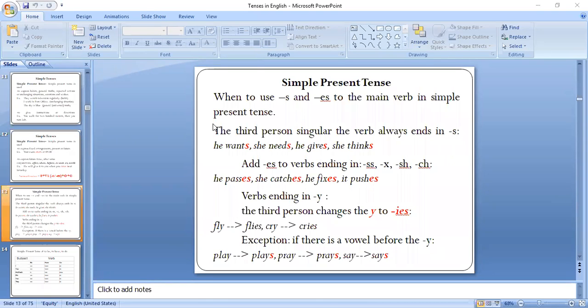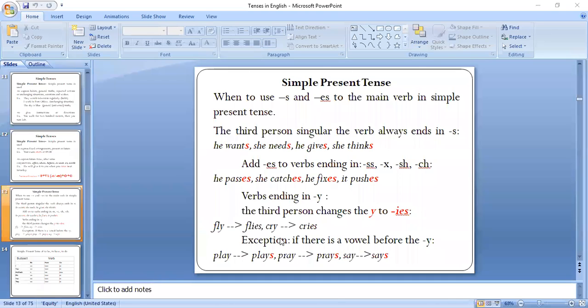Then there comes y at the end of the verb. We are going to add the ies suffix to the verb, and the example is fly. If we use it after the third person singular, we have to add the ies suffix, that is flies.